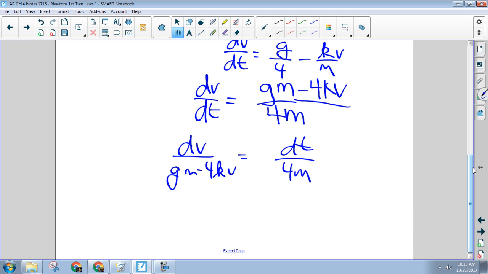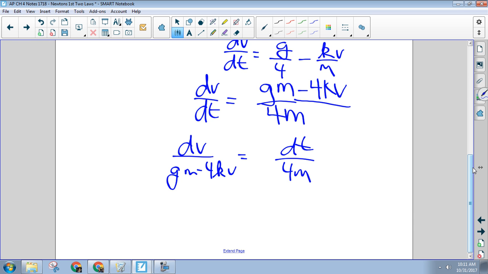Yeah. And if you put the 4m in the numerator on the other side, that's fine. It doesn't matter. You can. I would leave it as g though until the last minute. It's easier to write.